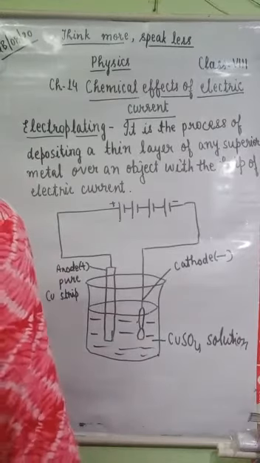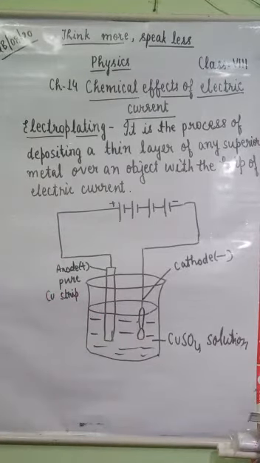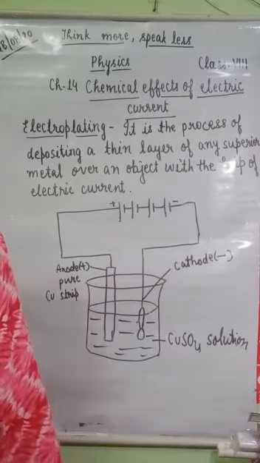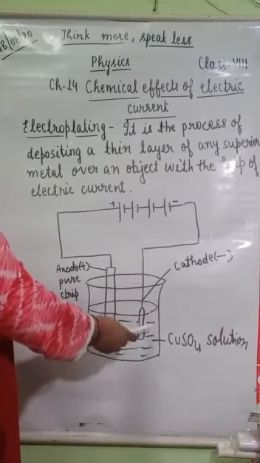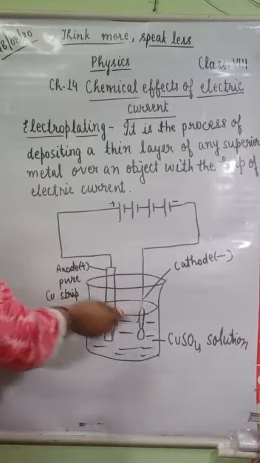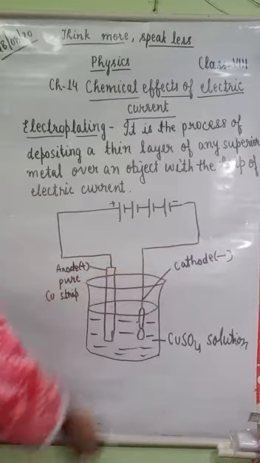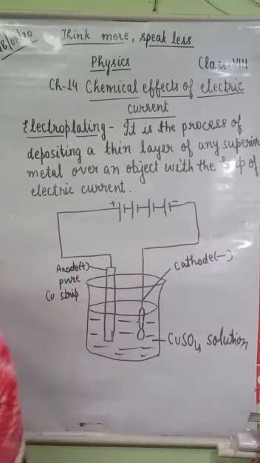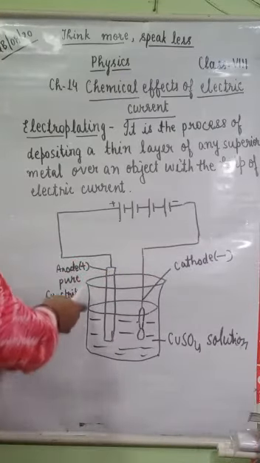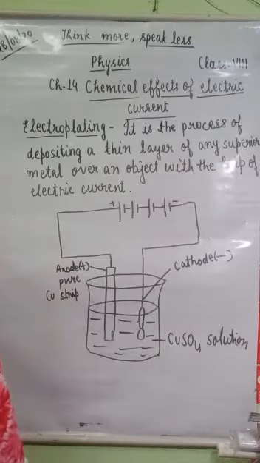Suppose you have to electroplate an iron spoon with copper. Always remember that the object to be electroplated is always made the cathode, that is the negative electrode, while the object used for coating is made the anode, the positive electrode.